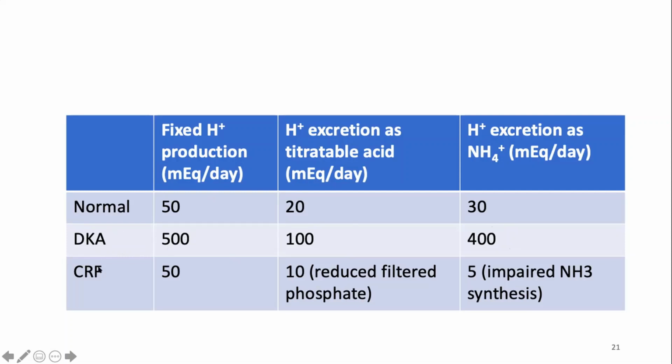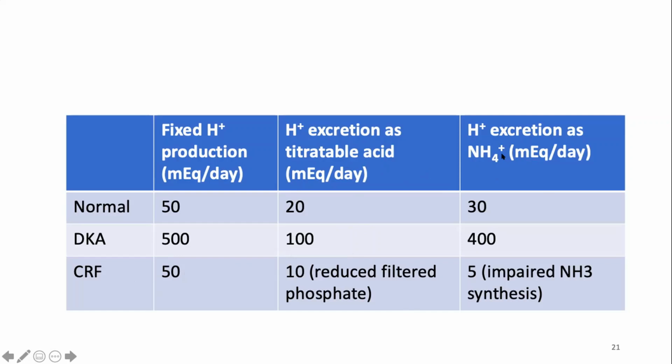But in chronic renal failure, even if the patient has a normal fixed H+ production, because they have impaired renal function, they cannot really excrete all the H+. There will be reduced excretion of H+ either by titratable acid or by ammonium. Why?